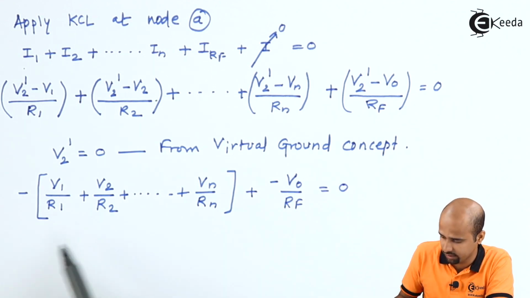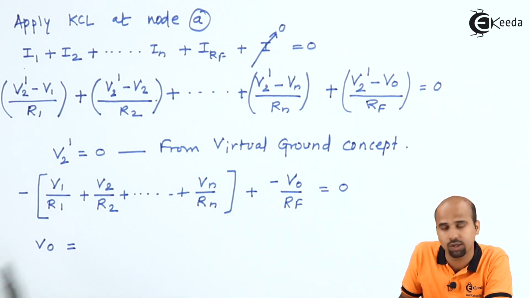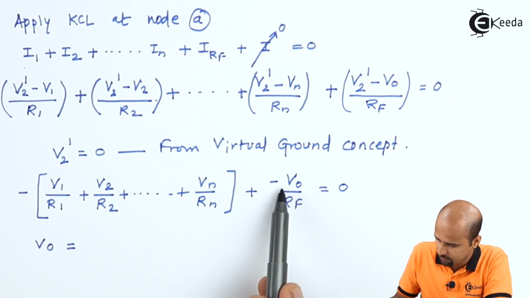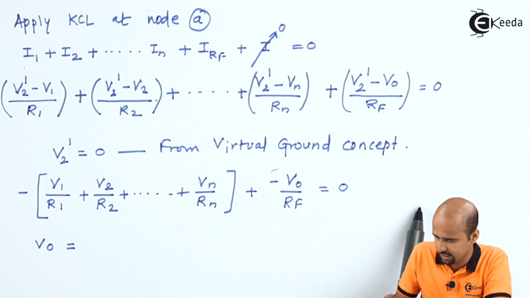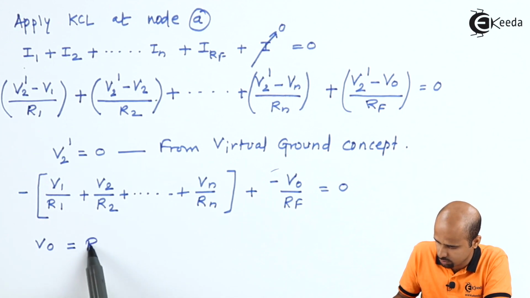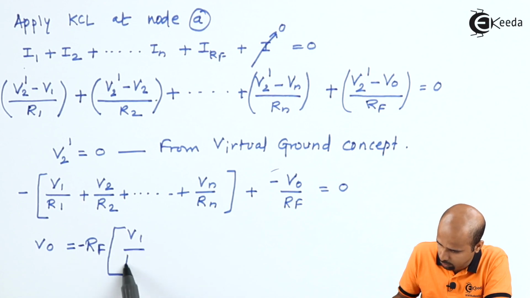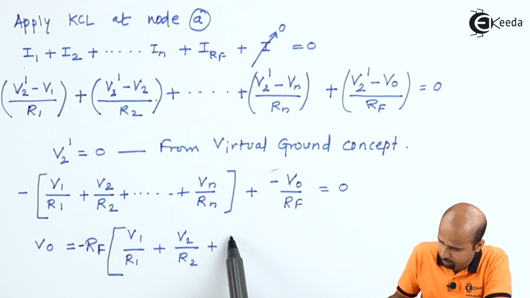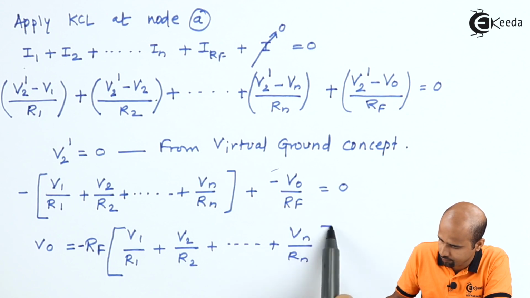With this, we get the relation between VO and all these input voltages. If I move minus VO divided by RF to the right hand side, then VO is equal to minus RF into V1 upon R1 plus V2 upon R2 plus up to Vn upon Rn.